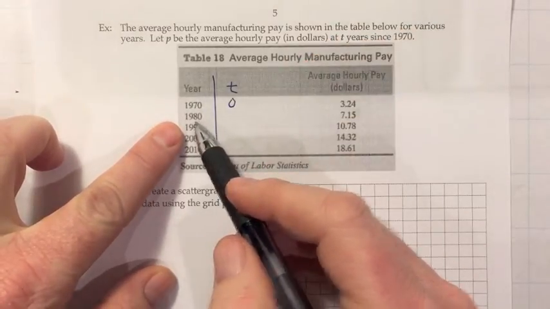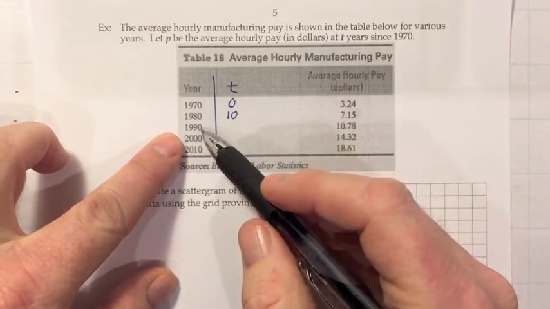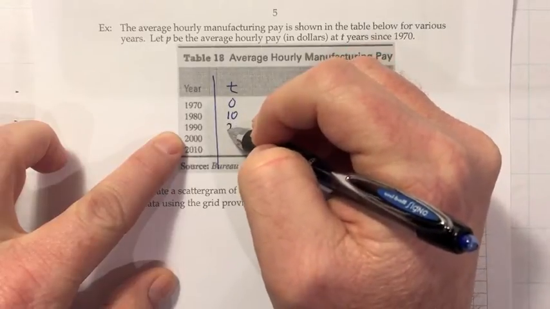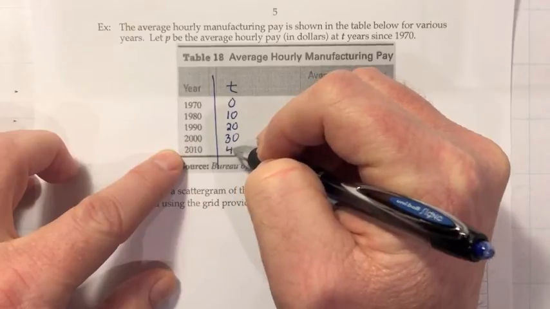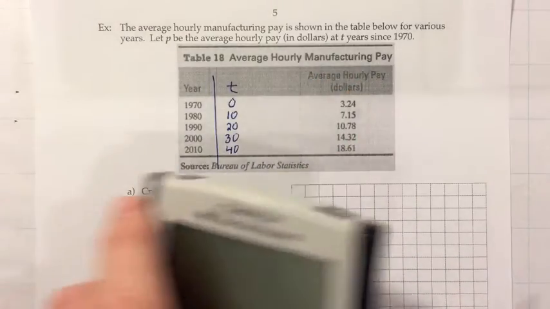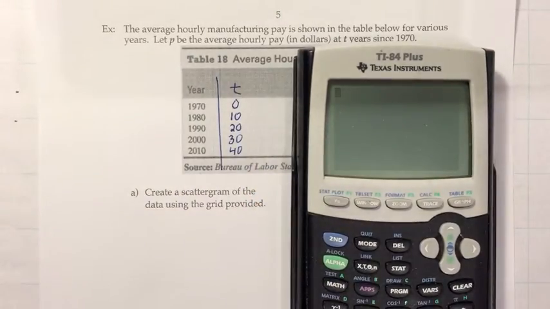But 1980 is 10 years later, so that person would be 10 years old then. 1990 is another 10 years gone by, but since 1970 that has been 20 years, another 10 years, so now it's 30, and another 10 years, so now it's 40. So what's really going on there is subtraction. Let me bring in the calculator and just show you that. So if you take any of those years, like the 2000, and you subtract the 1970 starting point, that gives you that value that we ended up with of 30.